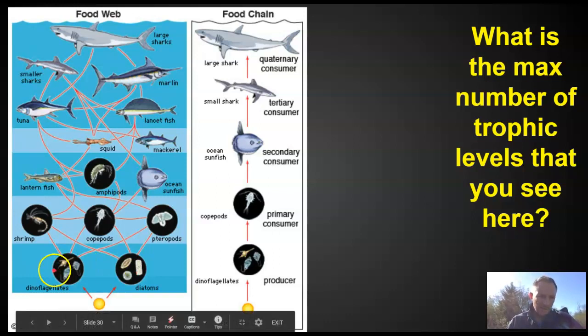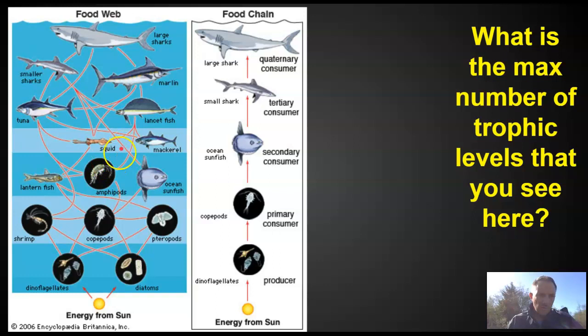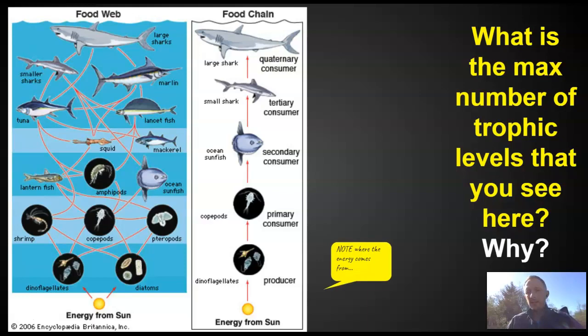Let's try this one. 1, 2, 3, 4, 5, 6, maybe 7 here max before it stops moving. So why does the energy stop moving? Why does it cap out at the top? Why is there a top?